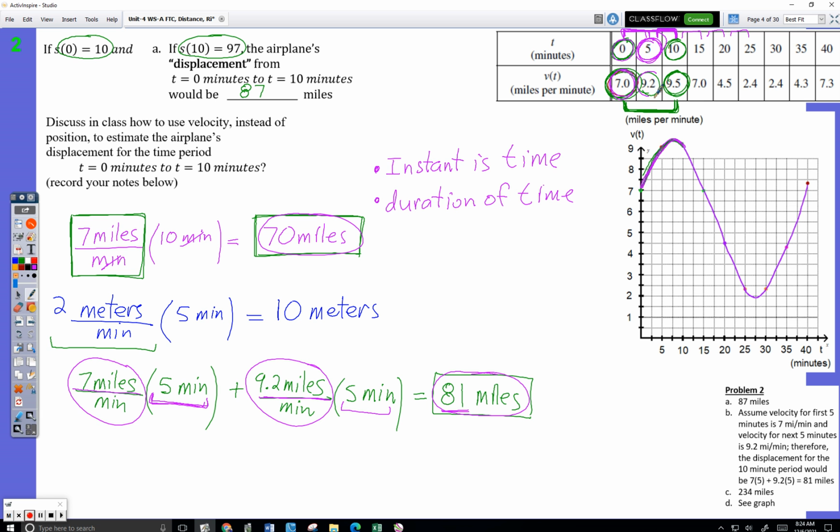If we're only using 2 velocities, when we compute the displacement, we get an estimate. If we want a better estimate, we should sample more often. We should check the velocity more frequently. Here's an example of that. So hands up if you knew that's what he was going to say. Point 2 for Derek. Question?